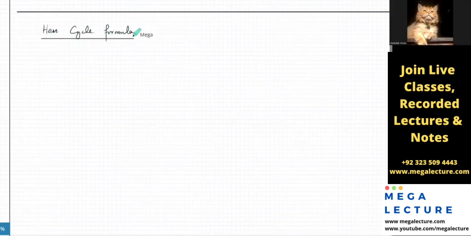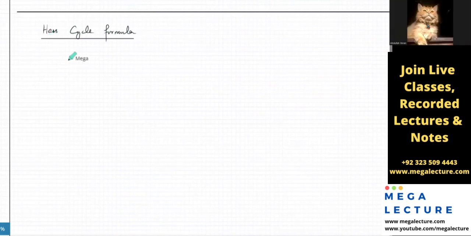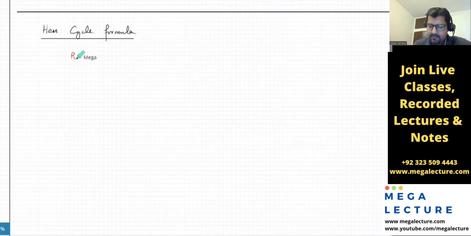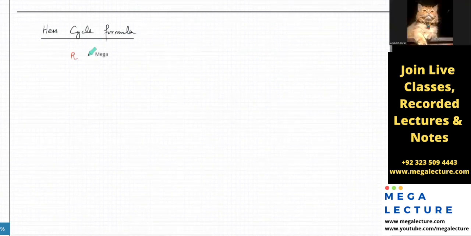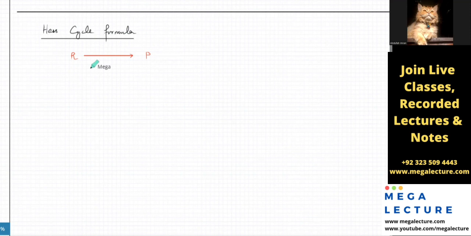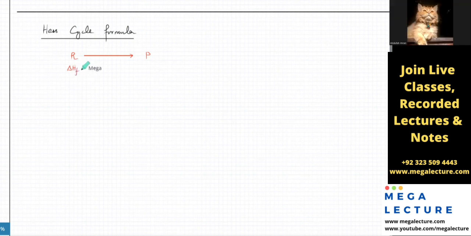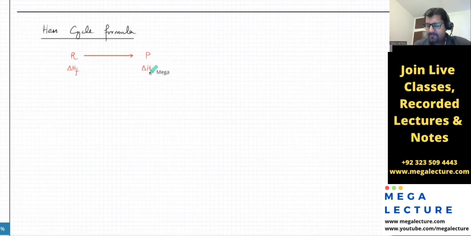If you're given a reaction, any reaction, so I've got my reactants and they're turning into my products. And the data that's given is that they've given me the enthalpy change of formation of my reactants, and the enthalpy change of formation of my products.